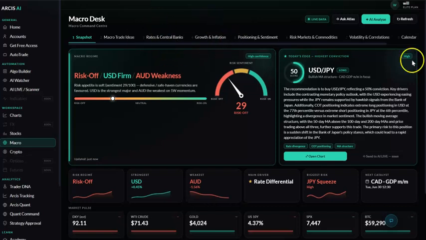So let's look at the snapshot we have in front of us here. It's just telling you the current market regime, which is risk off, which means the US dollar is strong. Commodity currencies like Australian dollar, Kiwi dollar will be weakening. Gives us a score and a score gauge there. Gives us today's edge, so it tells us the best performing trade idea.